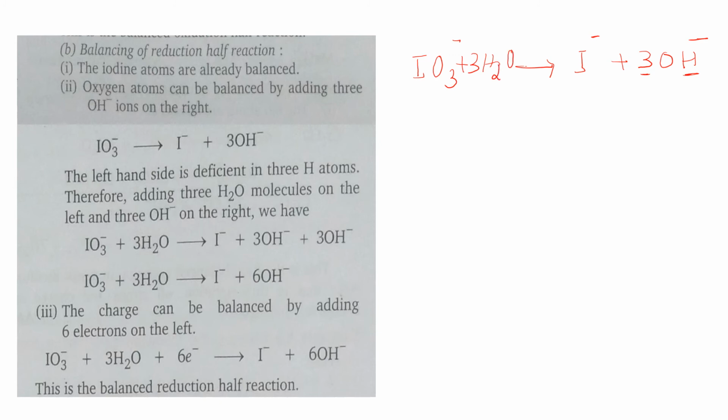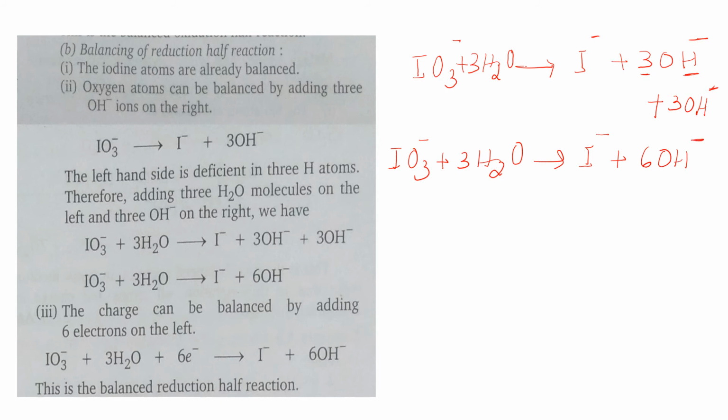Now as I have added 3 H2O in the left hand side, again I have to add 3 OH- in the right hand side, the same number of OH-. So in total what I am getting is IO3- plus 3H2O is giving you I- plus 6OH-.